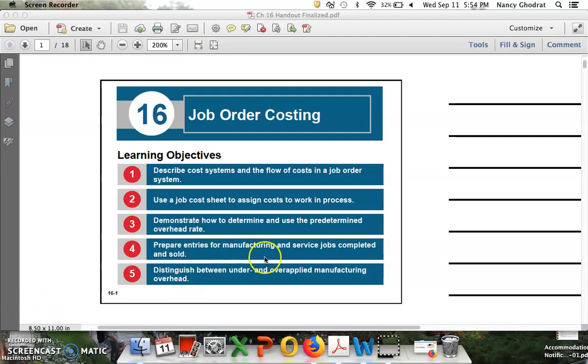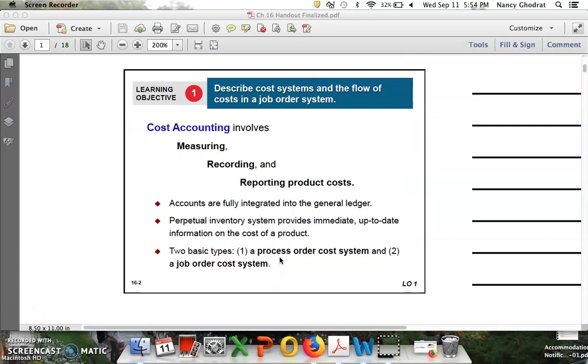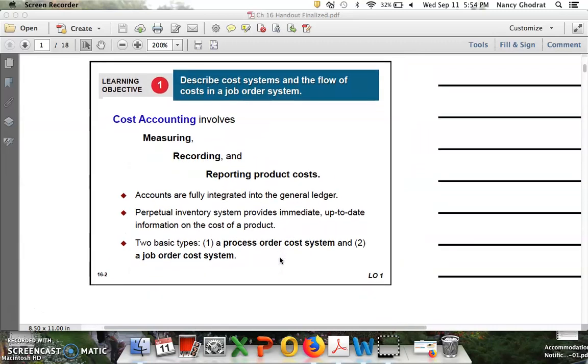Okay, so the first thing is that this part of the accounting, managerial accounting, is actually cost accounting, meaning that we want to measure how much money we're spending producing the product, and then eventually recording how much money we spent.